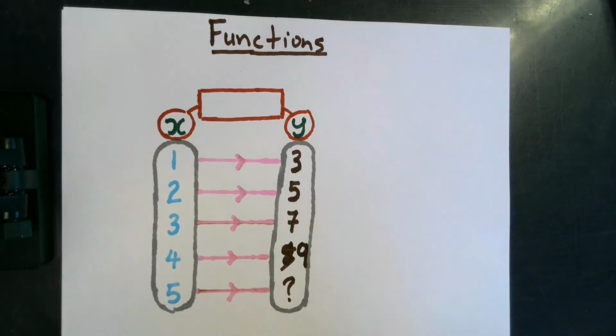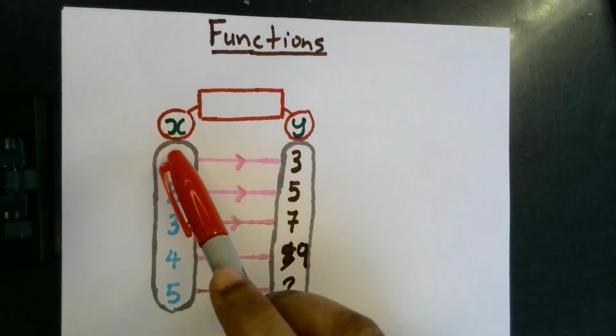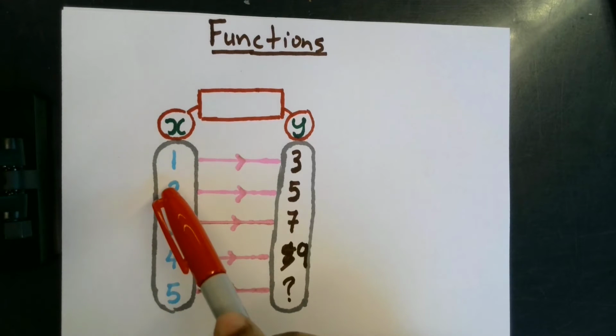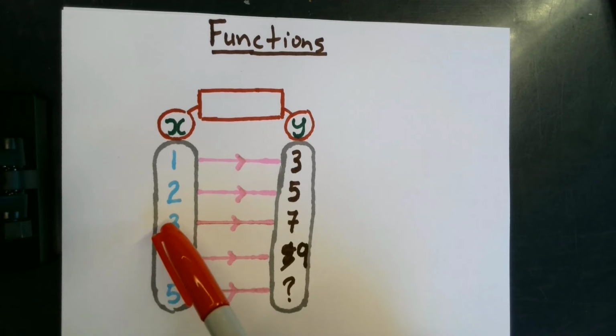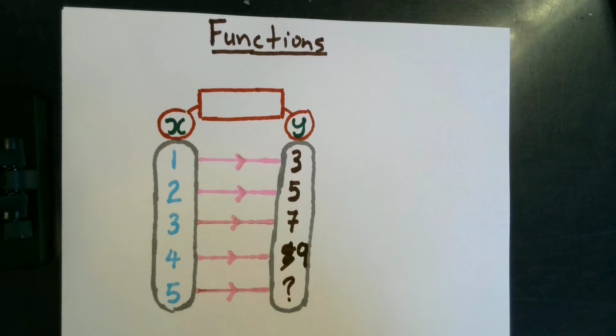So you can pause the video at this stage and try to think about what formula containing X would take 1 and give me 3, 2 and give me 5, 3 and give me 7, 4 and give me 9. Yes? So you can pause the video and think about it.